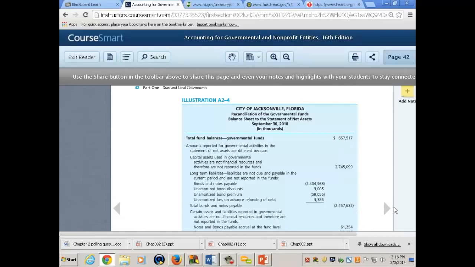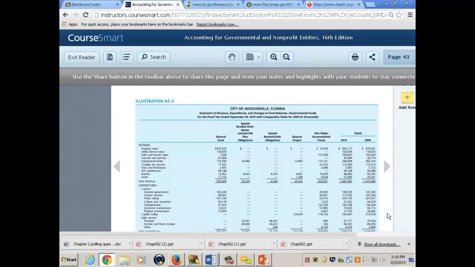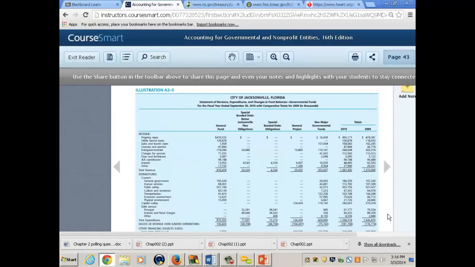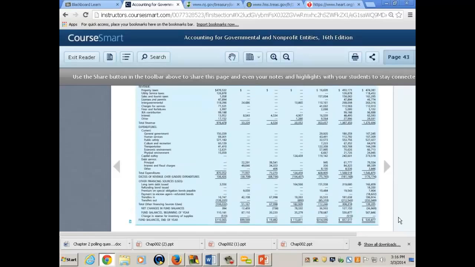Okay. Let's take a look at now the income statement for the governmental funds, for the fund financial statements. What was the other statement called? Statement of activities, right? This has a long name, statement of revenues, expenditures, and changes in fund balance. And again, revenues minus expenditures equal whatever the difference is, and it goes on.